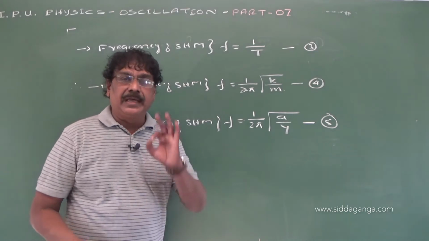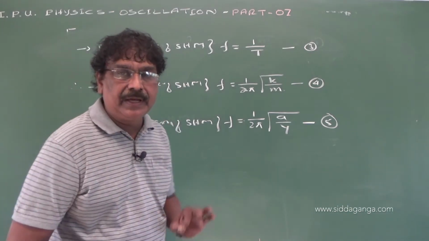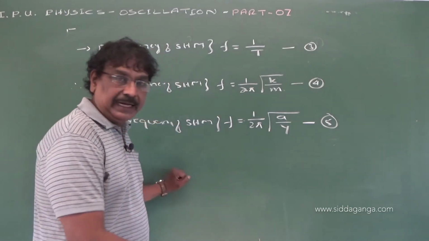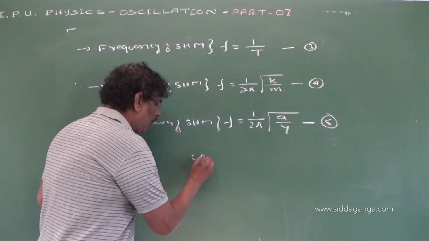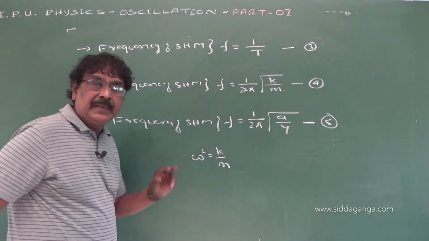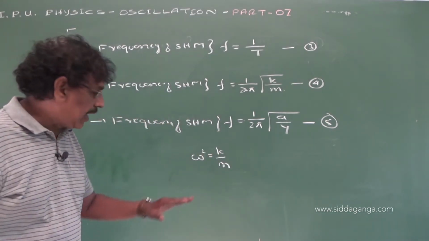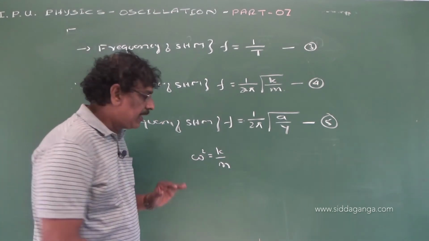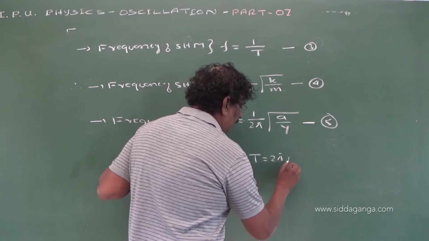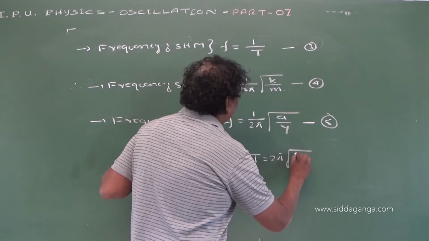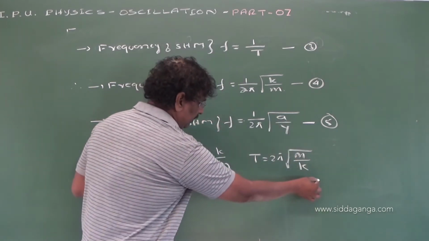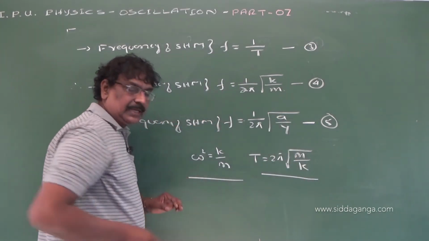So again I will tell you, remember those two equations, that is omega square is equal to k by m. In the next concept I am going to use this relation, as well as T is equal to 2π times the square root of m by k. These two equations.